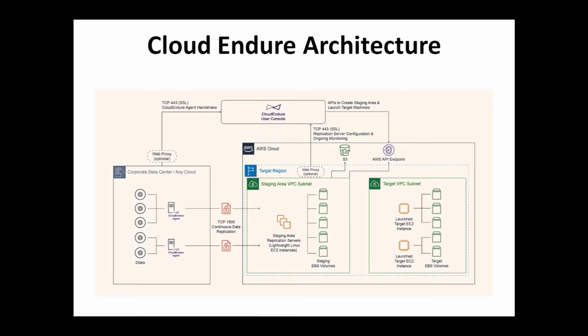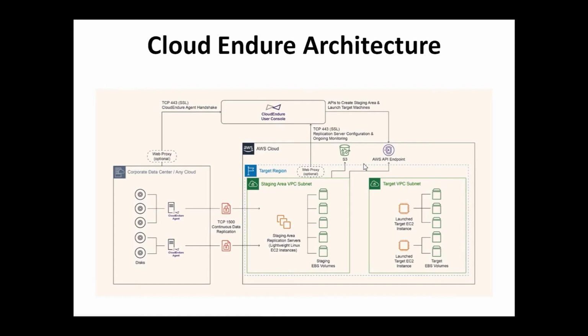In addition, when the replication server spins up, it must be able to access S3 for downloading software and configuration files. It also issues an API call to take snapshots of EBS volumes, so connectivity to the EC2 API endpoint on port 443 must also be in place. So this is the architecture of your CloudEndure.